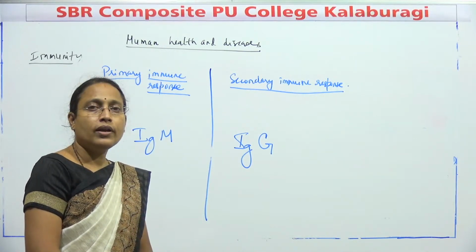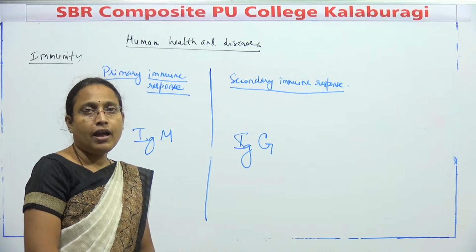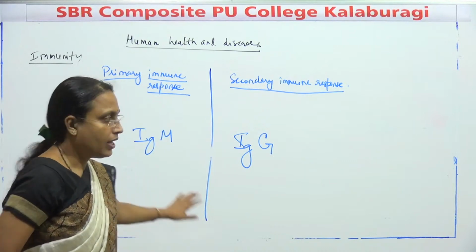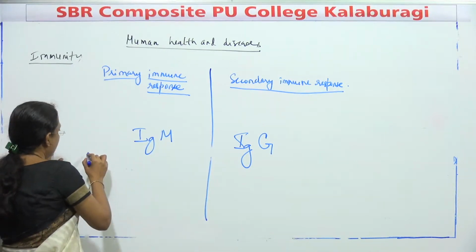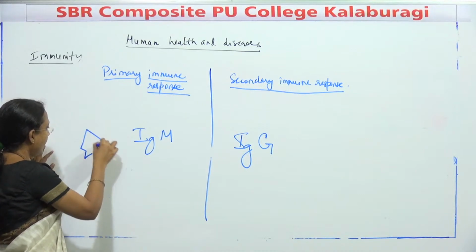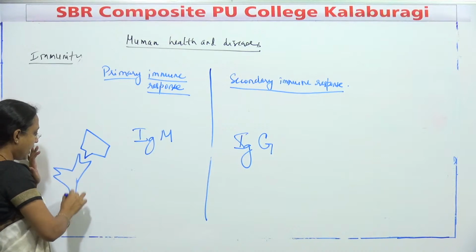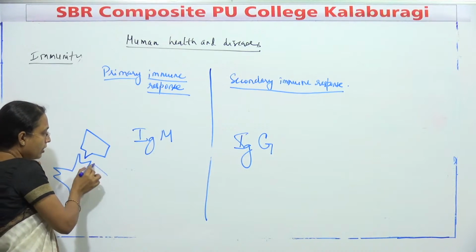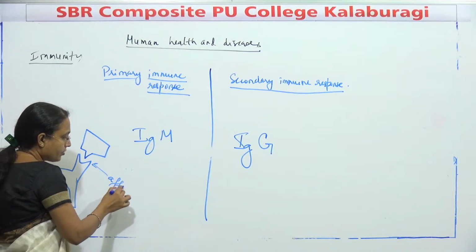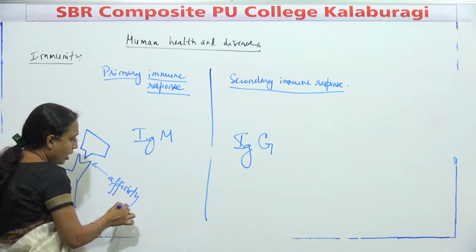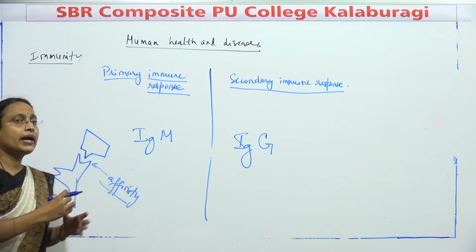Then coming to affinity between antigen and antibody. Coming back here, suppose this is an antigen binding to a particular antibody here. The affinity is chemical attraction. How strongly an antigen will bind to an antibody?